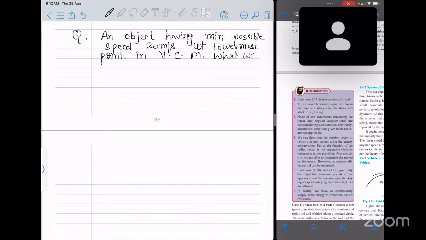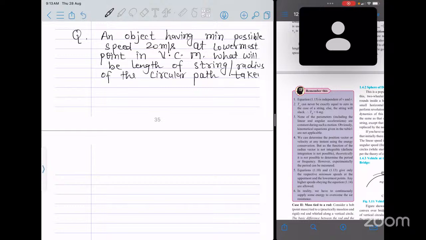What will be the length of string? Length of string means radius of the circular path taken by the object in the given vertical circular motion.